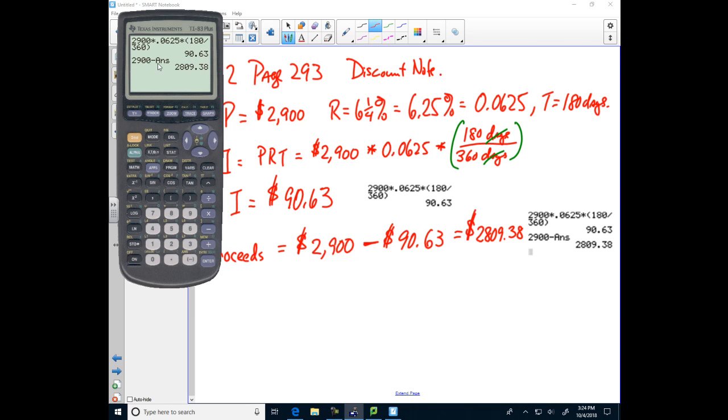By doing second answer, I'm getting the 90.63 plus whatever decimal places are out there. Okay? So if we're a penny off, it's probably because you entered $90.63 by hand, didn't you? Mm-hmm. Where I said get the answer, there's some decimal places there that it's not showing me, but it keeps up with them. So that's what happened.